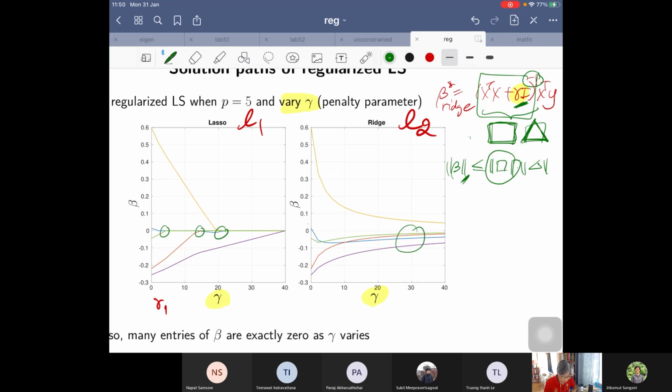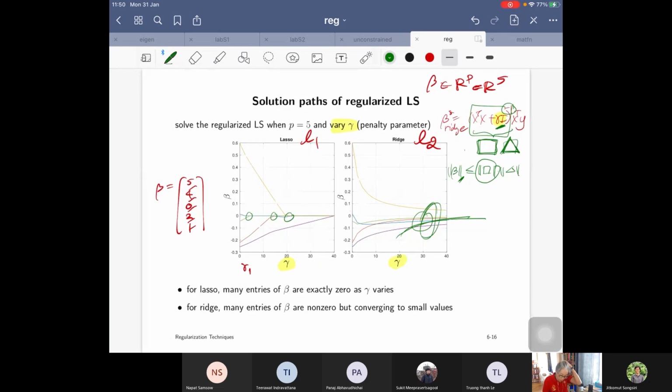Eventually they go toward 0, but there are some small entries instead of being exactly 0.